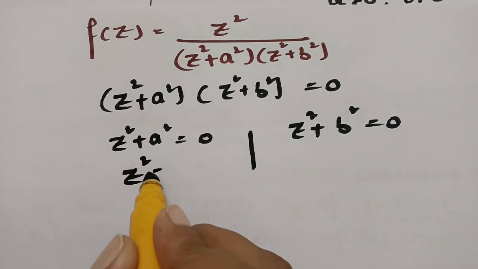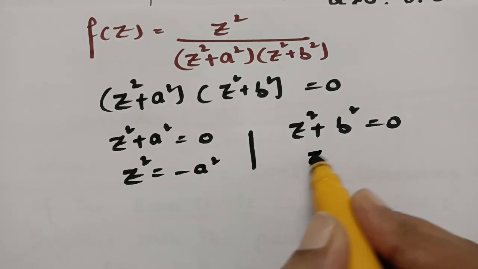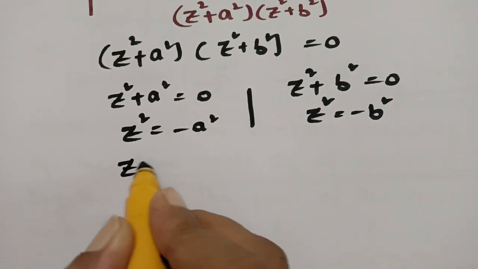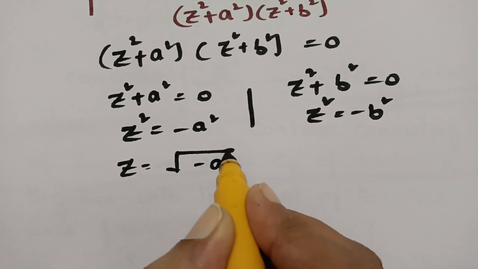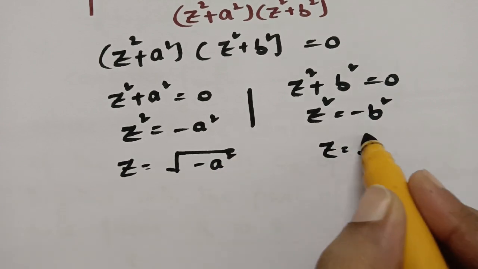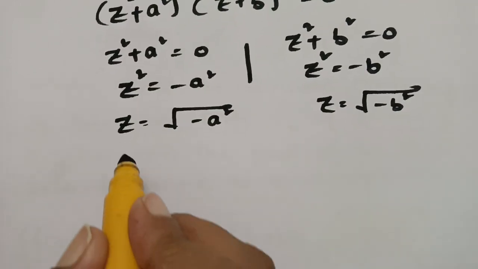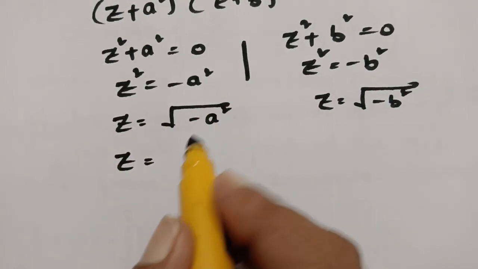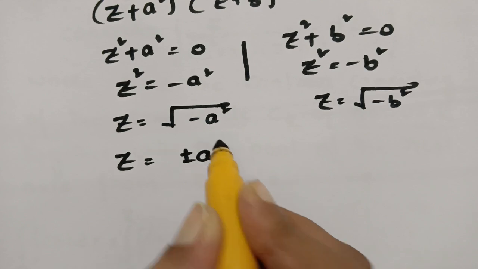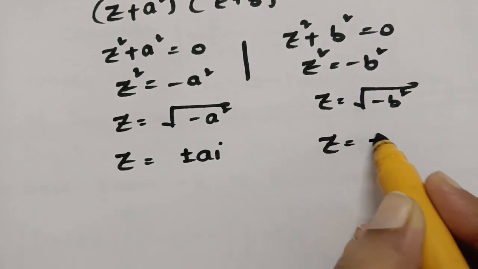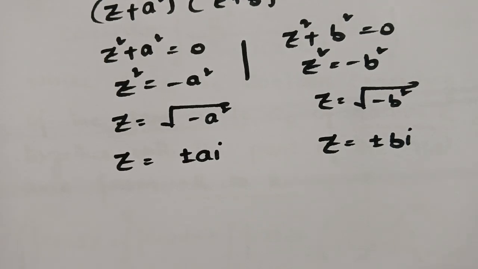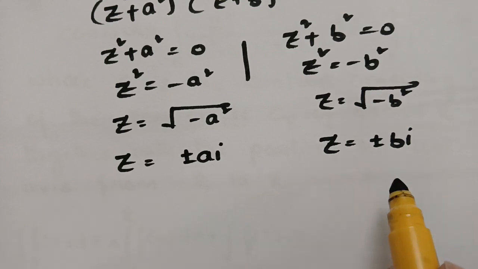So z square is equal to minus a square, and z square is equal to minus b square. So z is equal to root over minus a square, and z is equal to root over minus b square. So z is equal to plus or minus ai, and z is equal to plus or minus bi. So we are getting 4 poles here, that is plus ai, minus ai, plus bi and minus bi.